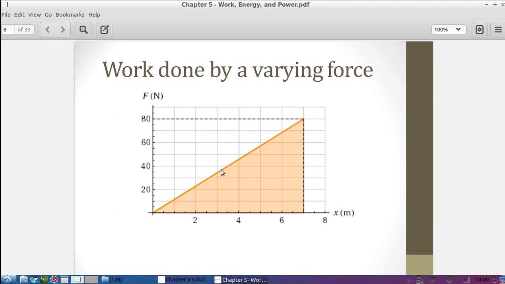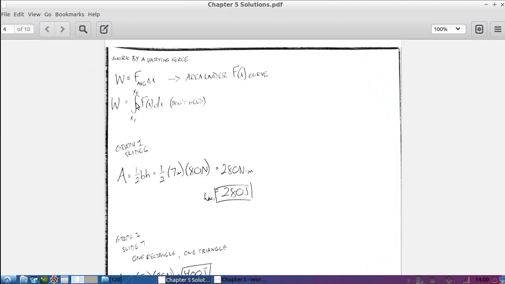Now, if this were a quadratic, or some curvy graph, or a trig function, we'd have to use calculus. We'd actually have to integrate the force function over some initial and final displacement. I'm not going to ask you to use calculus. This is an algebra-based course, but those of you who have seen calculus might find this familiar.